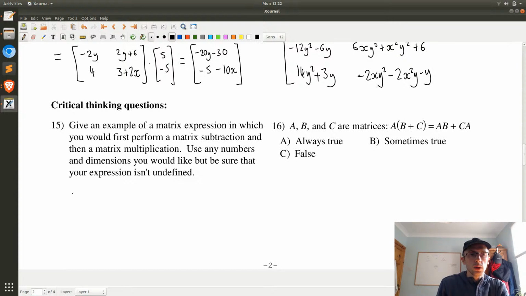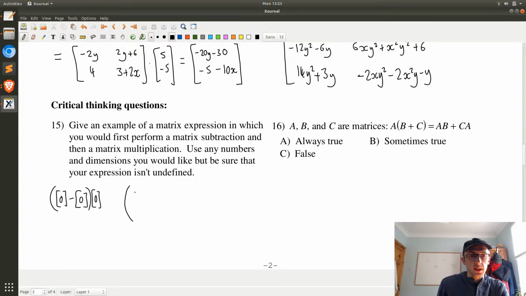So, the absolute simplest would just be to make everything 1 by 1, like this. But probably don't do that because it looks like you don't really understand or you're sort of messing people around.